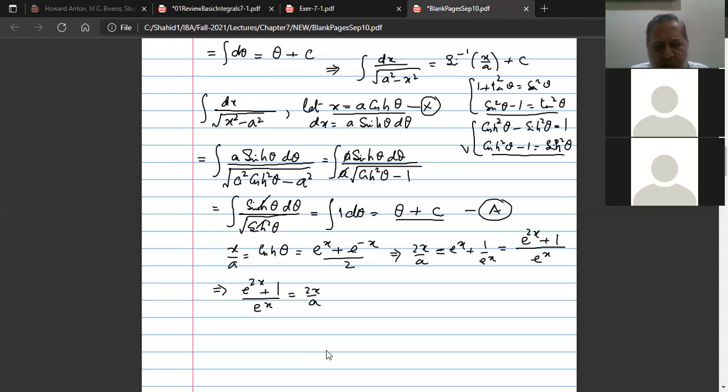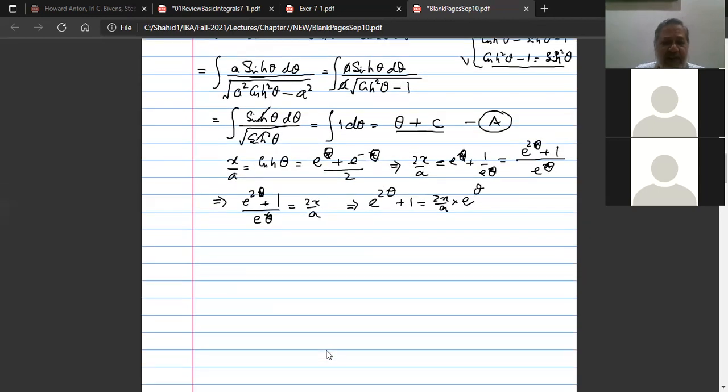I forgot that. I had brought theta in here and made theta disappear. Cos hyperbolic theta is this, this is theta. And now I see that if I take this e power theta to the right hand side, e power 2 theta plus 1 is equal to 2x upon a into e power theta.